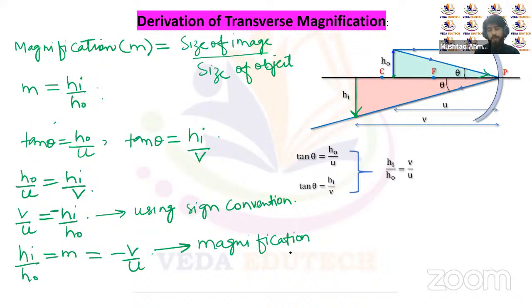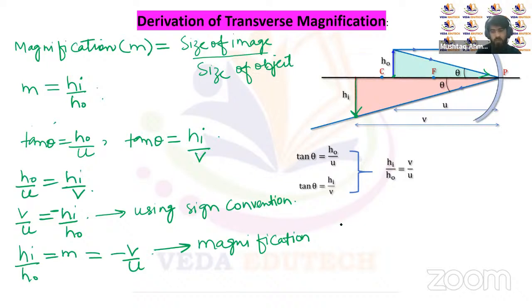Now in case of spherical mirrors, the real image will be formed in front of the mirror, and the virtual image will be formed behind the mirror. In case of a real image, both the object distance and the image distance will be negative, and overall the magnification will be negative.